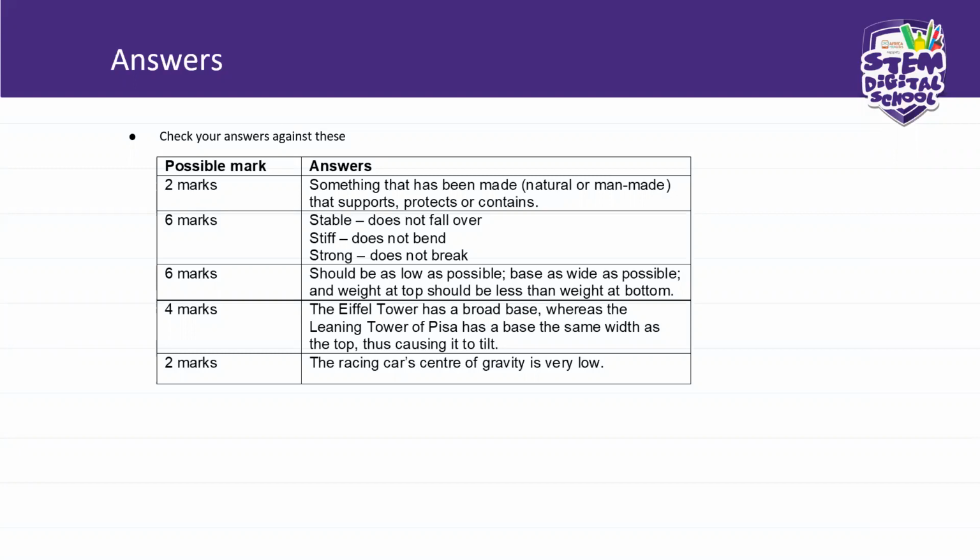Number two, racing cars are quite low. That makes them aerodynamic. They cut across the air. They are designed like that because the air will slow down the car. The higher the vehicle is, the more interaction it has with air.